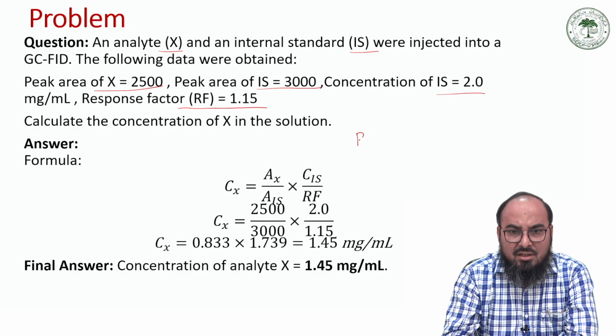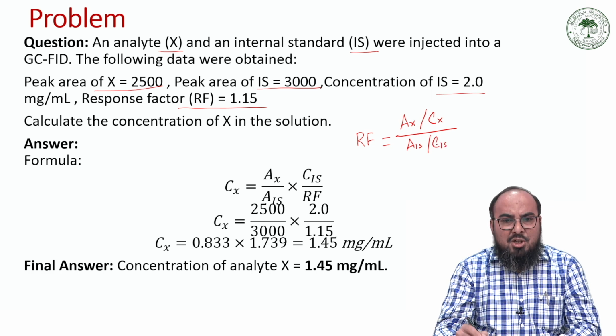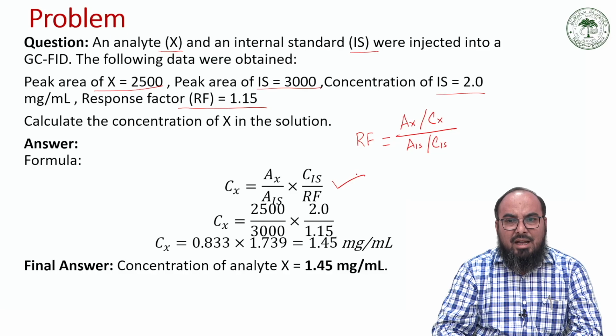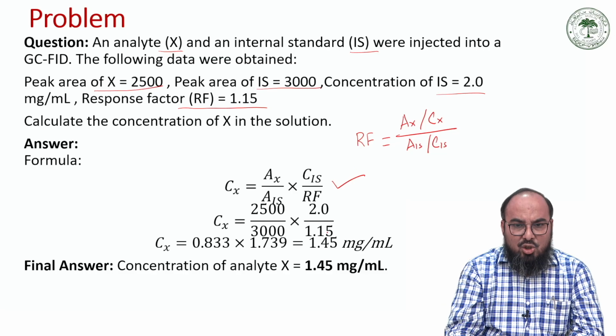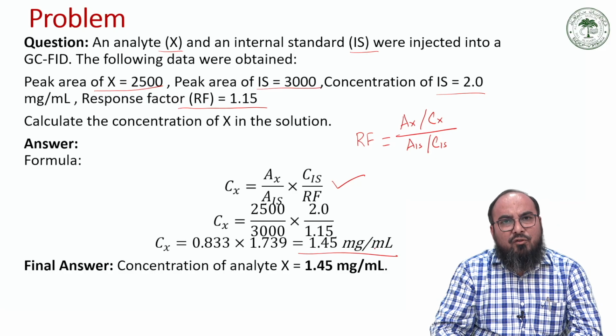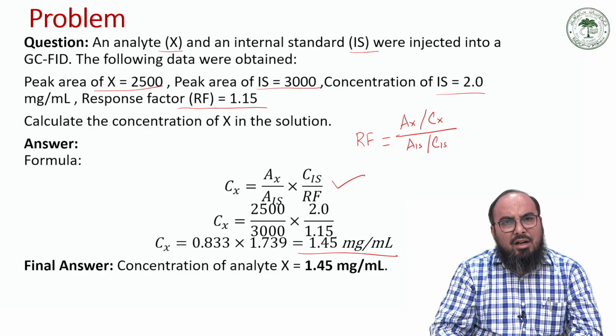Previously we discussed that RF is AX upon CX upon AIS upon CIS. When you reshuffle it in terms of CX, because we have to calculate CX, and input all these quantities, you get a value of 1.45 milligram per ml. So this is how you calculate the concentration of your analyte.